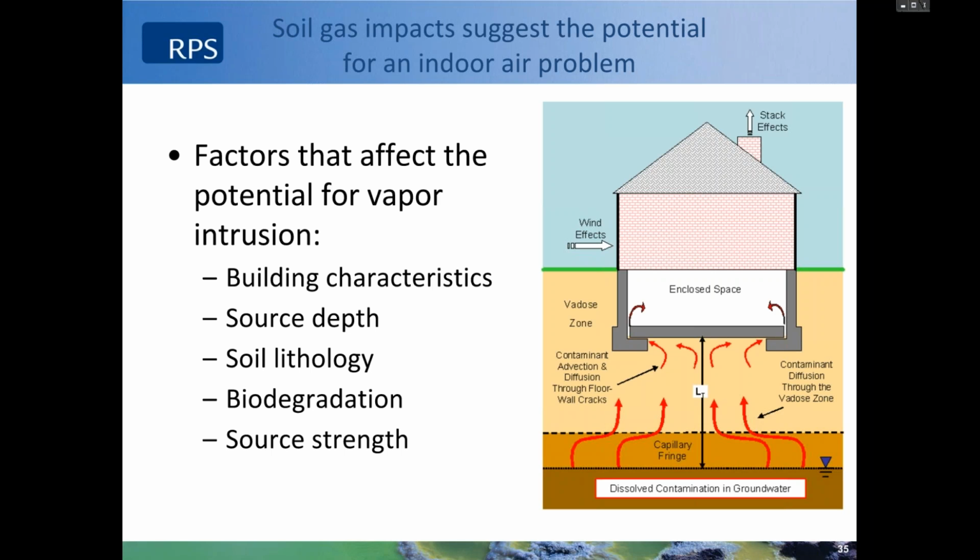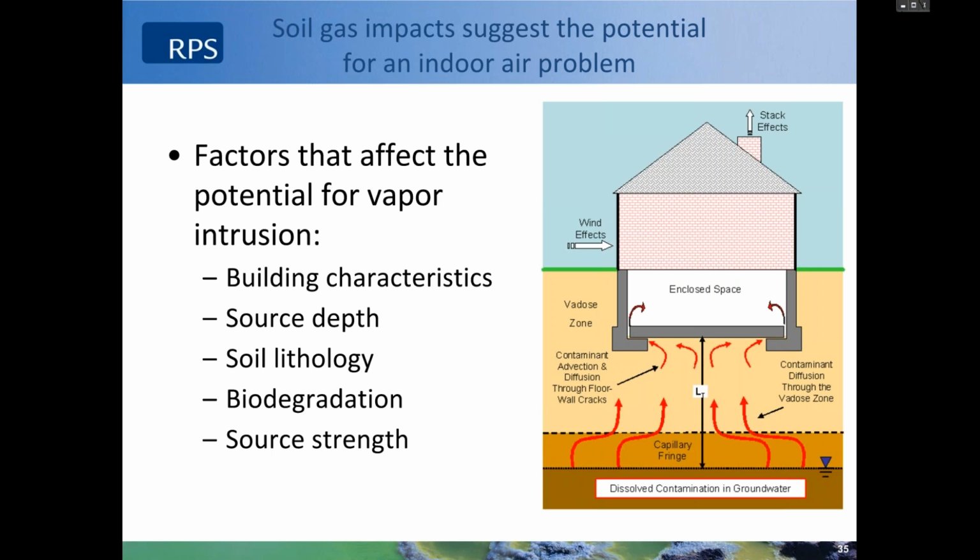Other important things, and this is things that affect that alpha: how deep is the contamination beneath the building? What type of soil does that contamination have to migrate through before it reaches the bottom of the building? Tight, wet clays are harder for the chemicals to pass through than a dry sand. And a big thing that Dave mentioned earlier is biodegradation, and that's the microbes just naturally munching away and consuming the contamination.